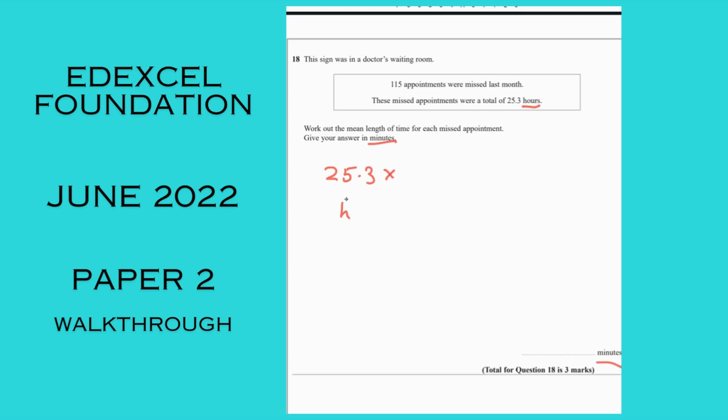If we times it by 60, that tells us the number of minutes. The number of minutes divided by the number of appointments tells us the average, the mean. You could have done that in another order, but that's the way I've chose. Either way is good.